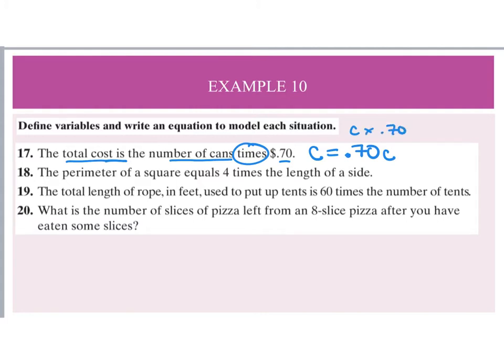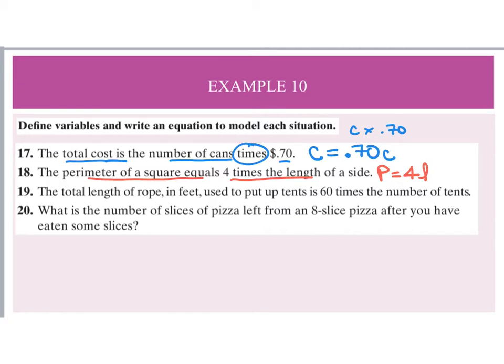For number 18, it says the perimeter of a square equals, so that gives me P equals 4 times the length of a side. So I'm going to go 4 times L, which would be the length of the side.